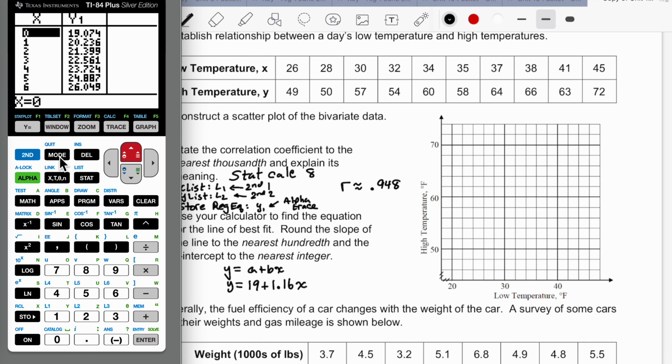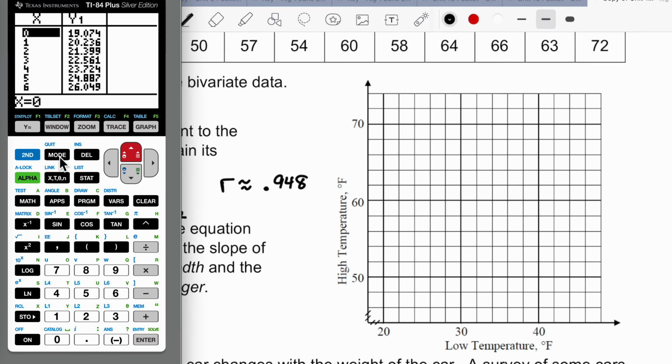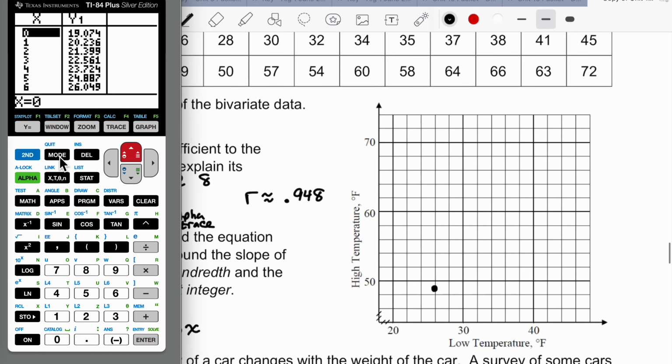So 26 comma 49. 28 comma 50. 30 comma 57. 32, 54. 34, 60. 35, 58. 37, 64. 38, 66. 41, 63.